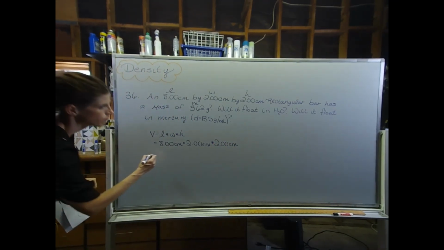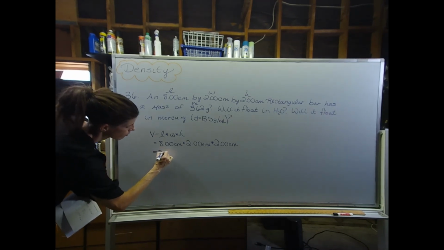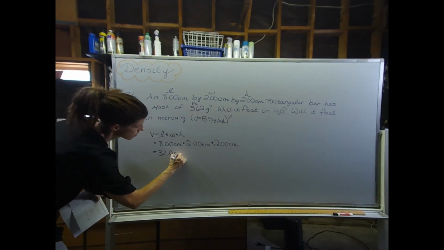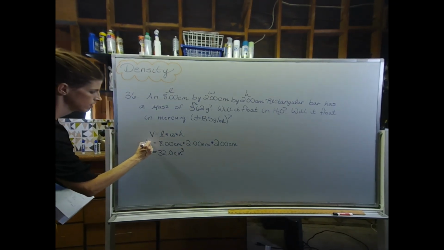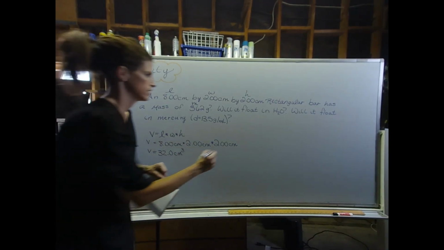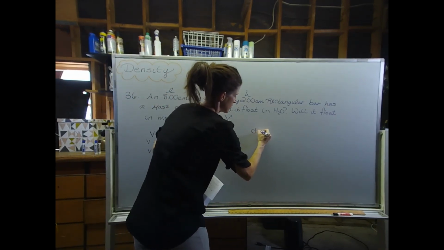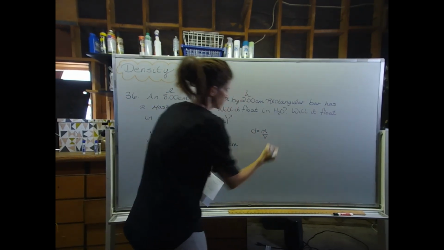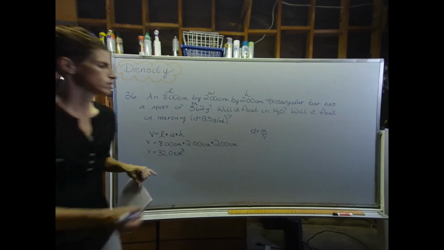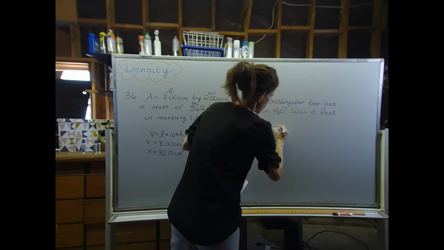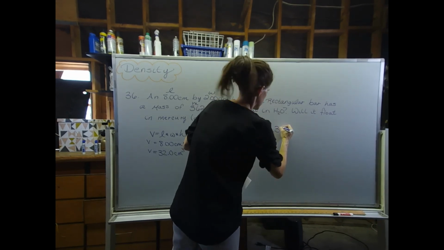So that gives us a volume of the bar of 32.0 centimeters cubed. Now for density. Density is mass over volume. So I can do 362 grams divided by 32 centimeters cubed.